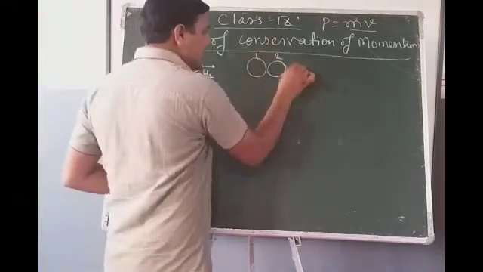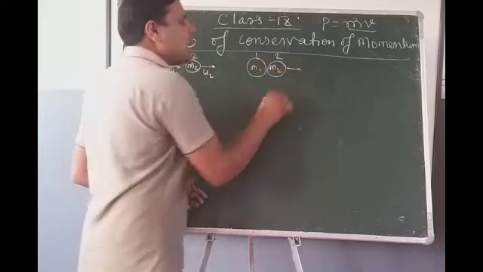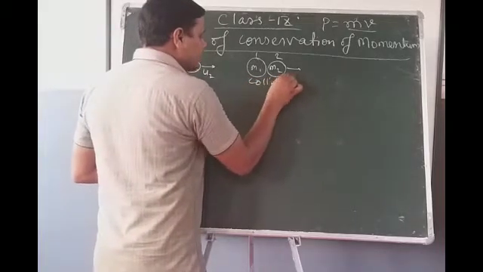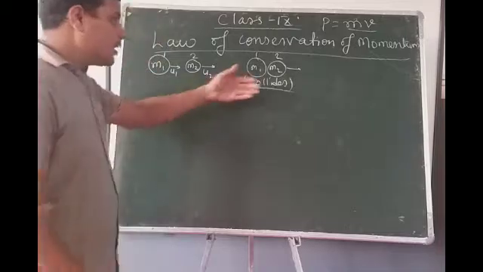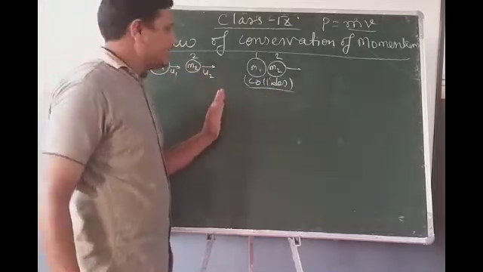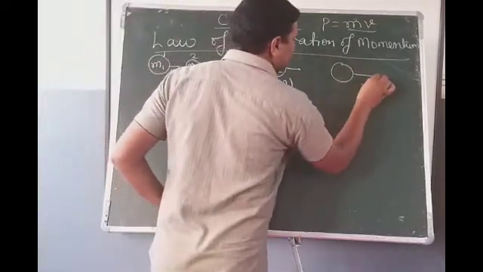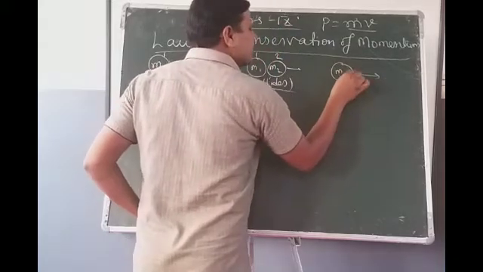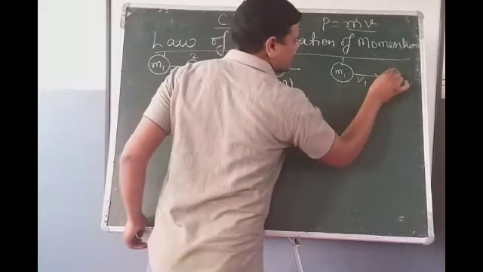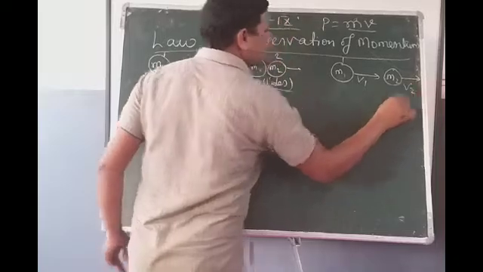Both the bodies are moving with different initial velocities. They collide with each other, and after collision, what happened? The first body moves with velocity v1 and the second body moves with velocity v2.